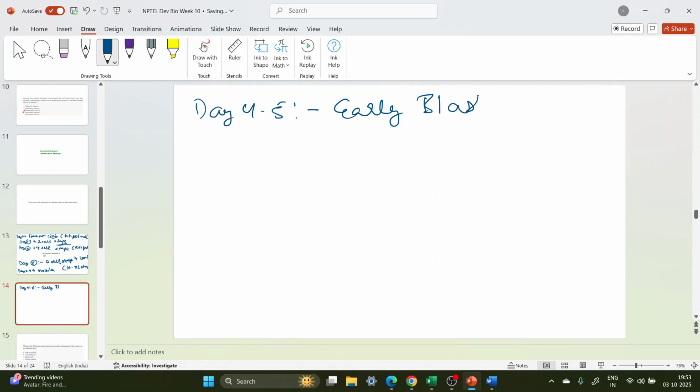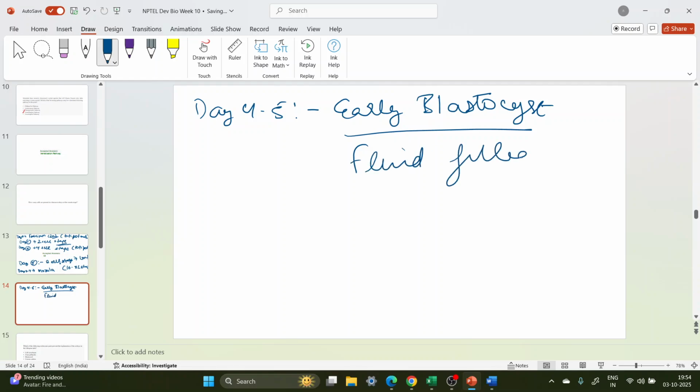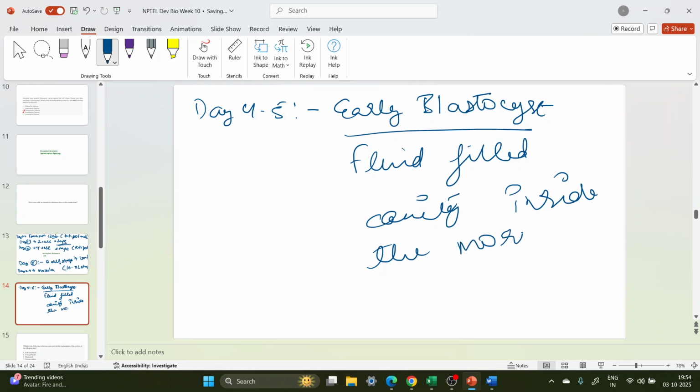Early blastocyst. And blastocyst is nothing but a fluid filled cavity which forms inside the morula. And then the zona pellucida is still intact.